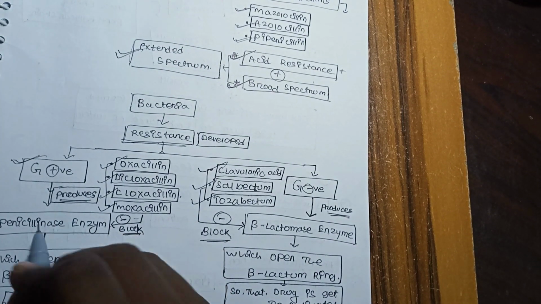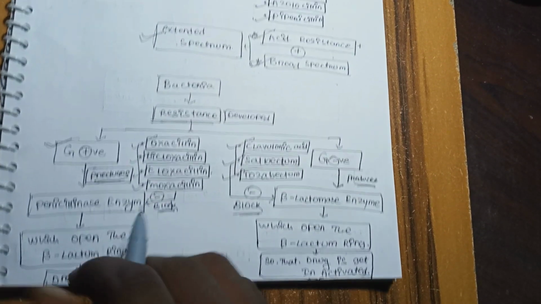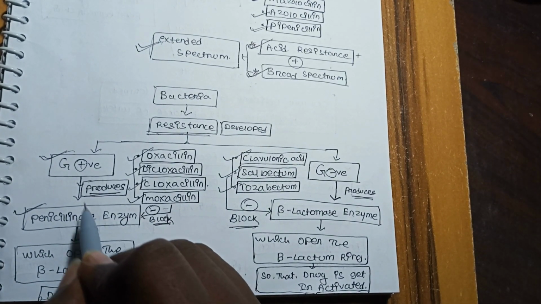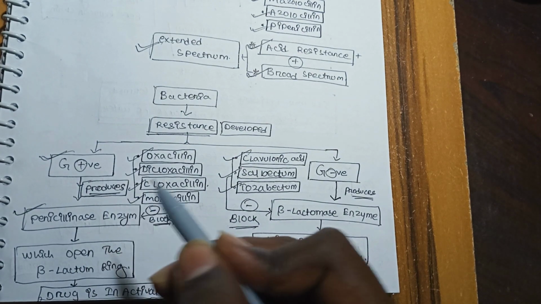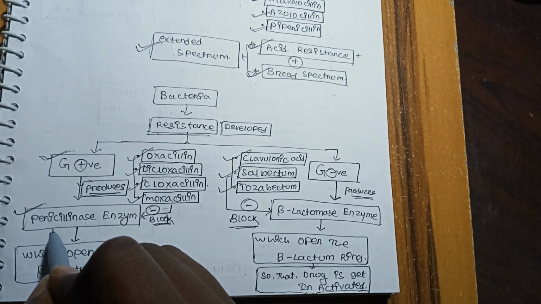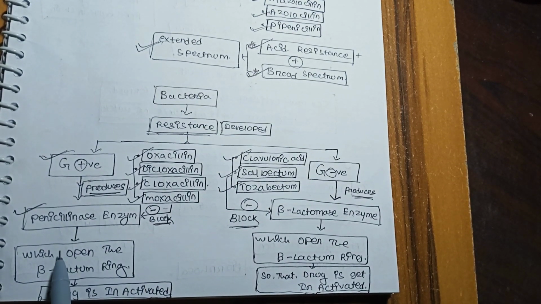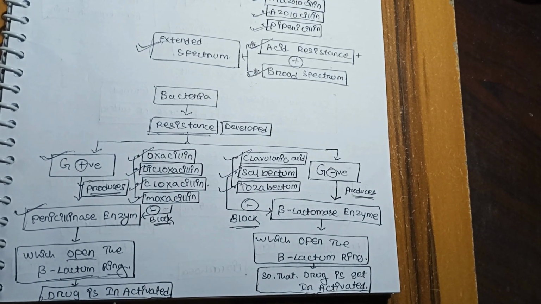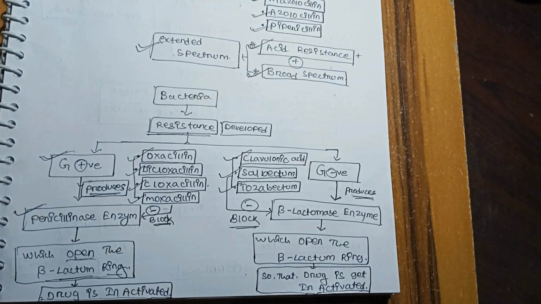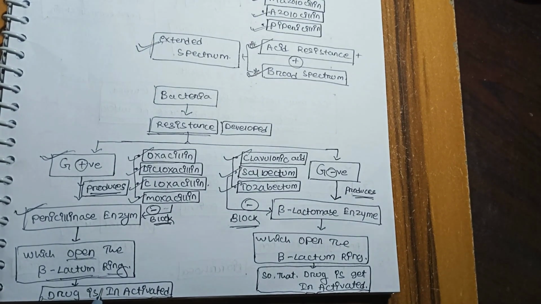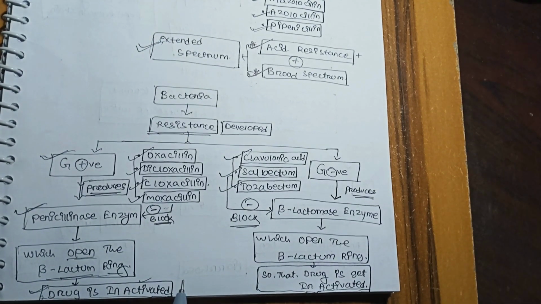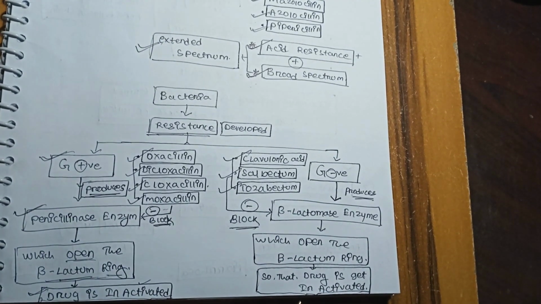Gram-positive bacteria produce the penicillinase enzyme, which opens the beta-lactam ring, which is responsible for the antibacterial property, so that the drug is inactivated in the bacteria.